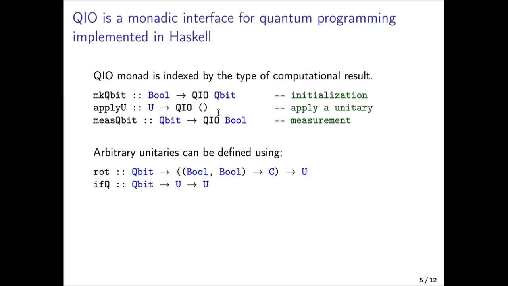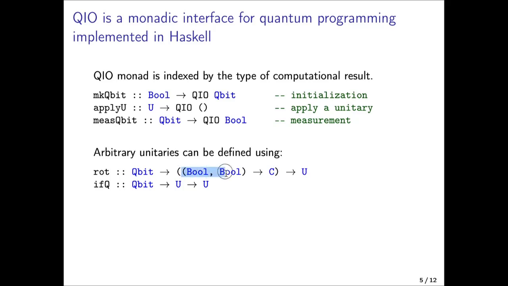QIO is also very expressive in terms of what you can do in quantum settings. This is because it provides two primitives, one for creating arbitrary rotations and another for doing controlled operations. A rotation primitive takes a qubit and a description of a matrix that can define the unitary, and returns the unitary.